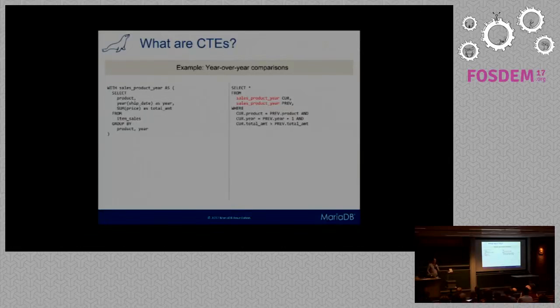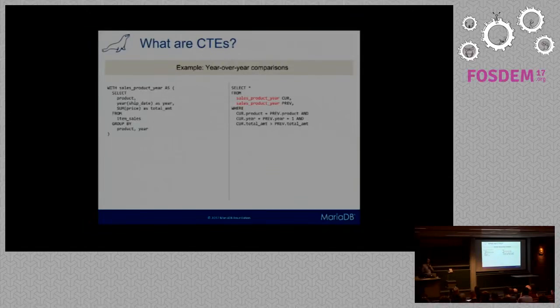So one use case example is, say you are part of the sales division and you want to see which products have performed better this year as opposed to last year. We can do this by first defining a table expression with all the products and all the sales for that product, grouped by year, obviously.